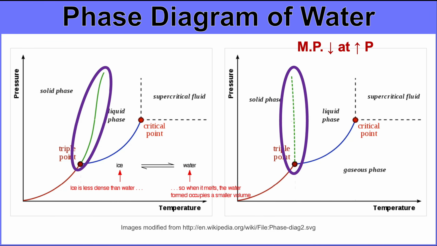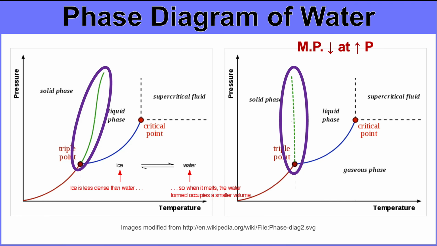Okay? So suppose you have this equilibrium. Ice is less dense than water, so when it melts, the water formed occupies a smaller volume. And if you increase the pressure on it, according to Le Chatelier's principle, the equilibrium will move to reduce the pressure again. That means it will move to the side with the smaller volume, so liquid water is produced.